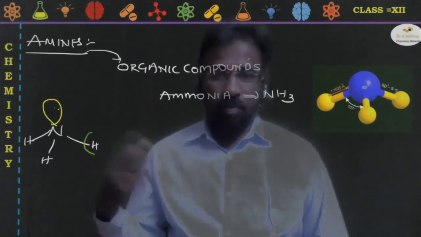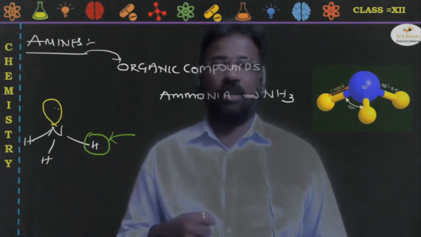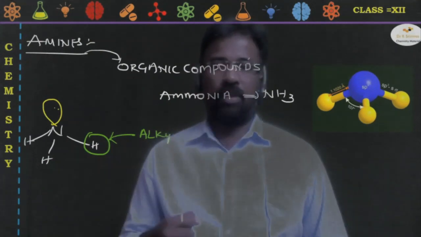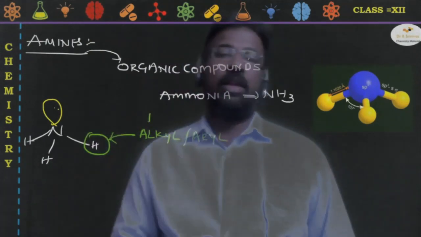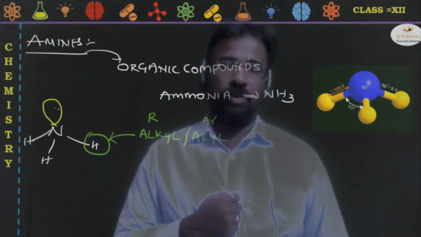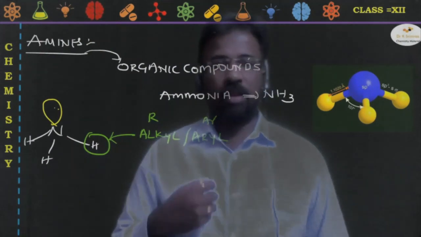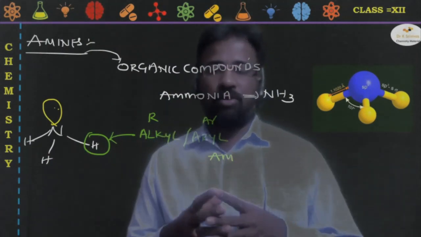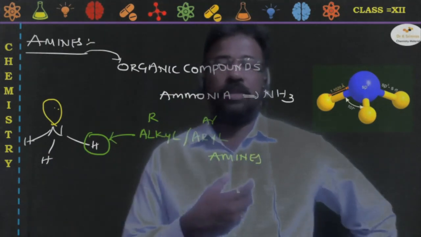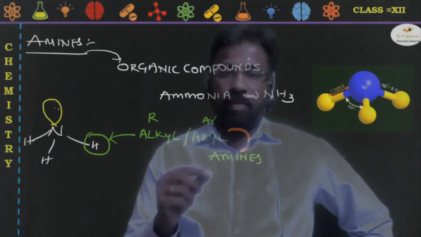If you start replacing one hydrogen with an alkyl or aryl group, then we name it what? Amines. So whether it is R or Ar, they are known as amines.